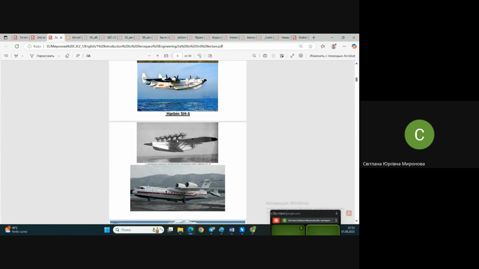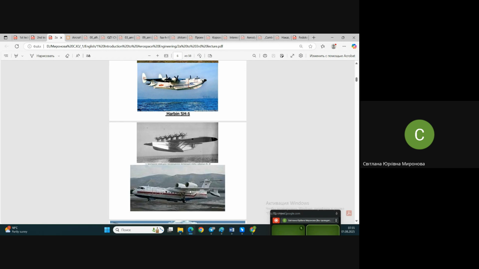High wing. Engine is as high as possible. In the Chinese airplane, it's immediately in front of the wing. The engine itself is in front of the wing. We may say that it's in the wing. Look, in the Beriev airplane, it's over, not even the wing, but over the fuselage.